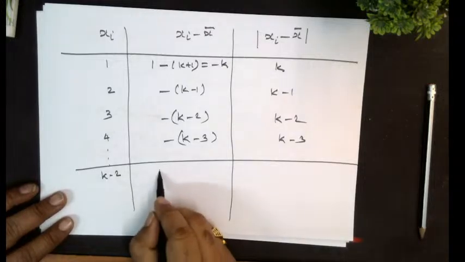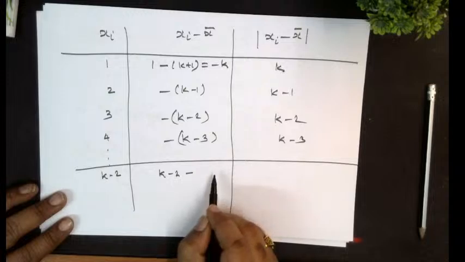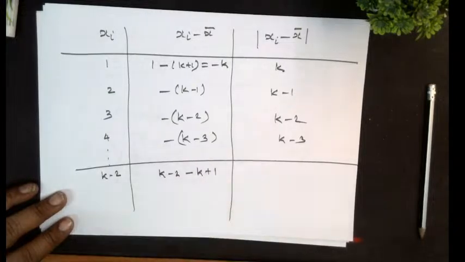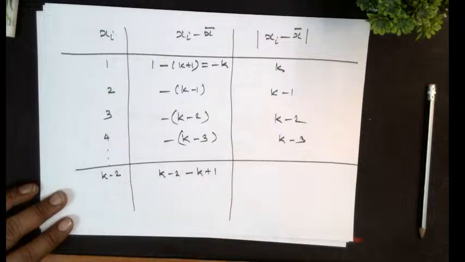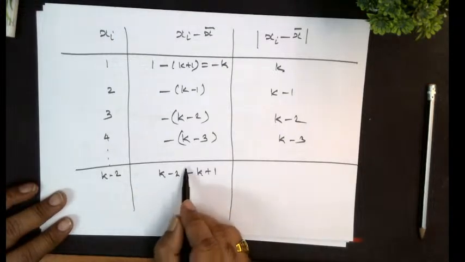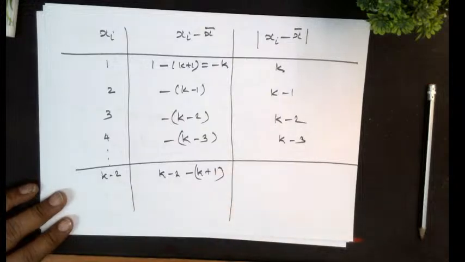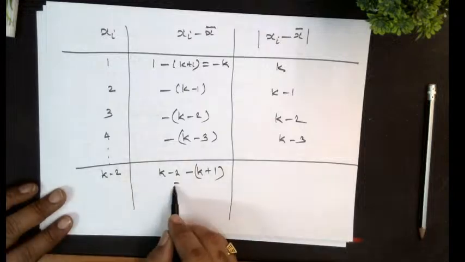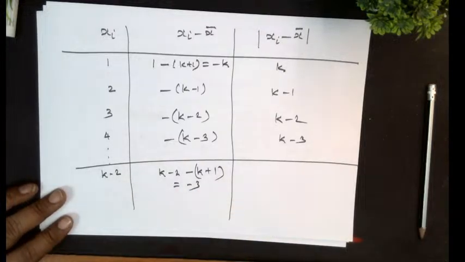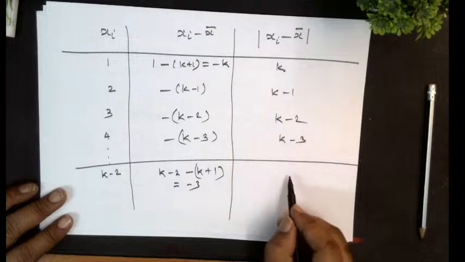So K minus 2 minus K plus 1, right? K plus 1 is the result. K will cancel. Here it should be written as k minus 2 minus of k plus 1. If you put it in brackets, then minus 3 will come, right? K cancelled, minus 3. So minus 3, what about the modulus, plus 3?